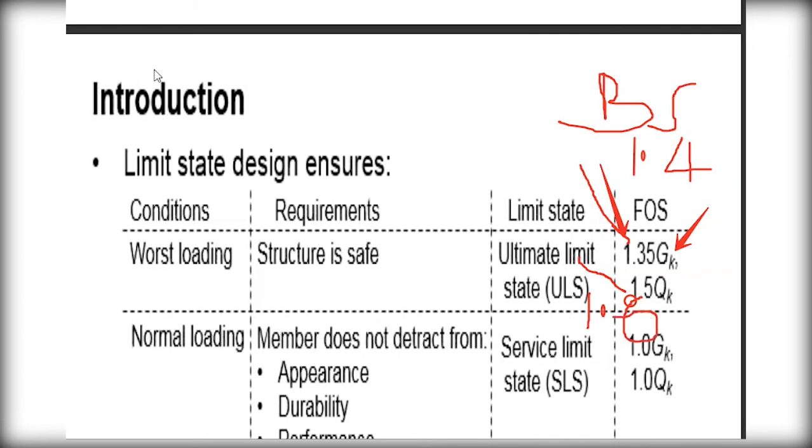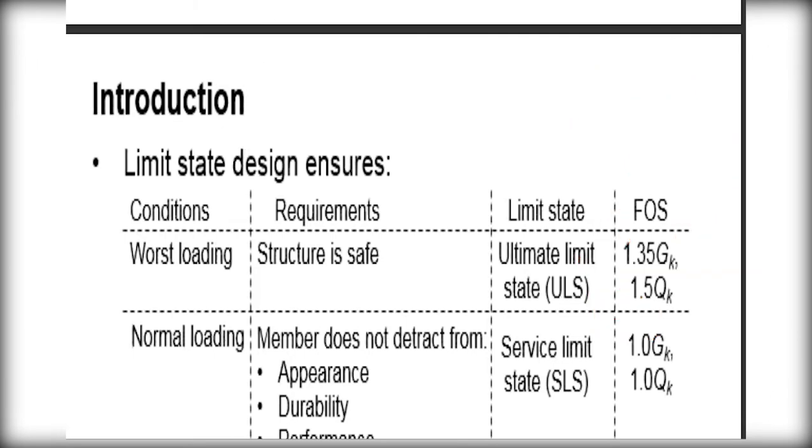So it depends on the code of practice. Once you use the Eurocode, the safety factor values are 1.35 GK for the dead load and 1.5 QK for the live load.